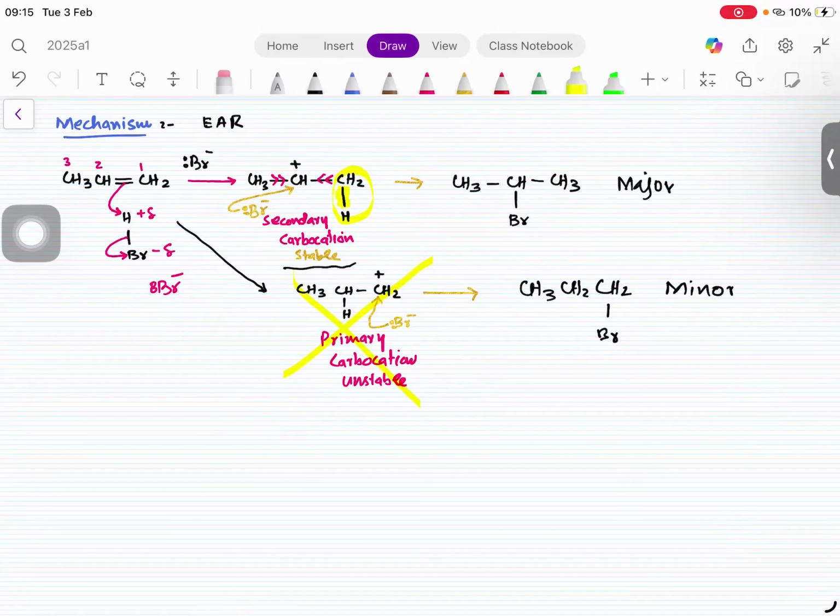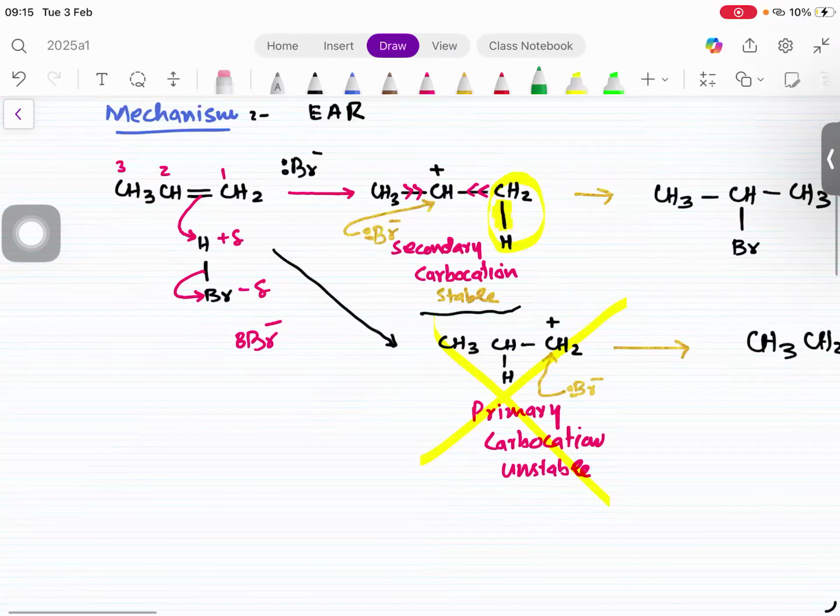For the sake of argument, let's say the propene has 100 molecules. Numbers just help you understand things. Out of 100, 50 made secondary carbocation and 50 made primary. But of the primary ones, out of 50, only one survived.